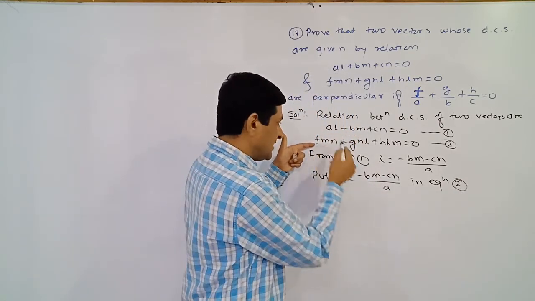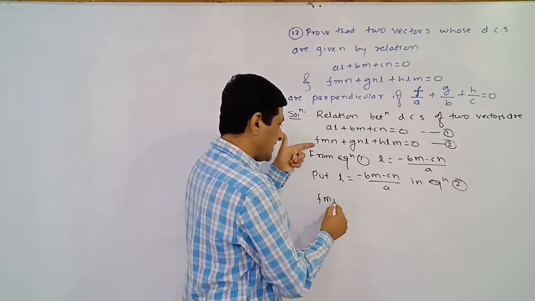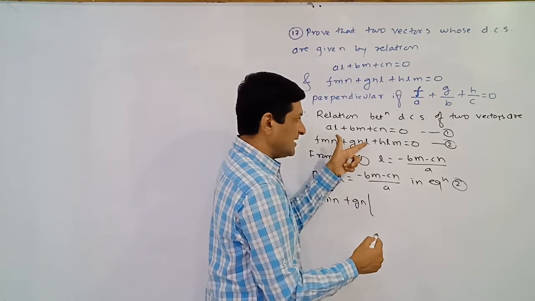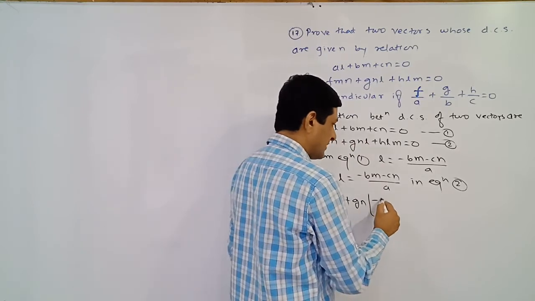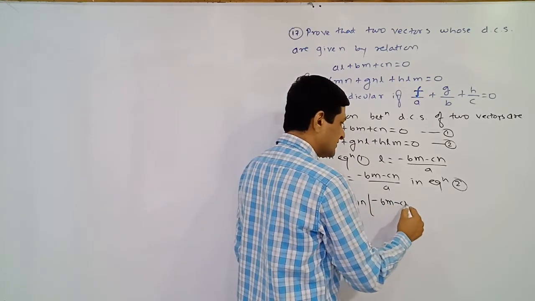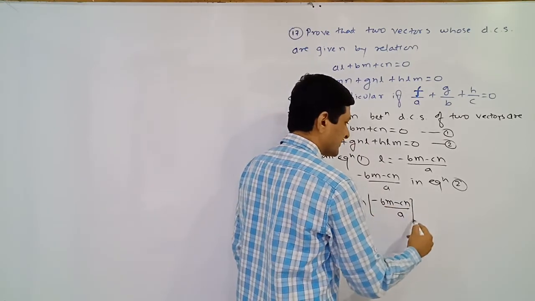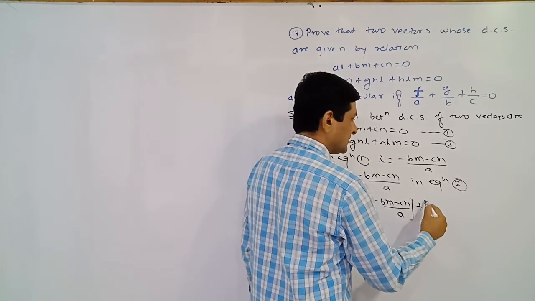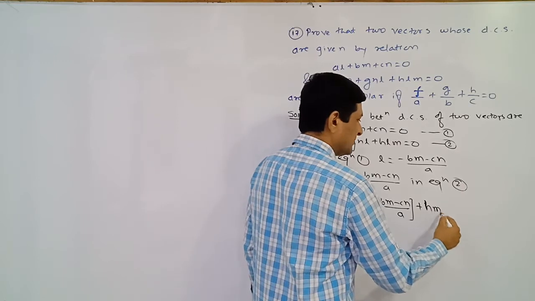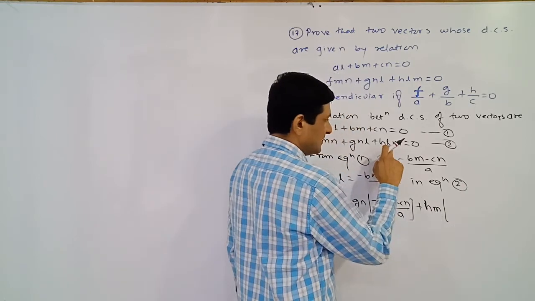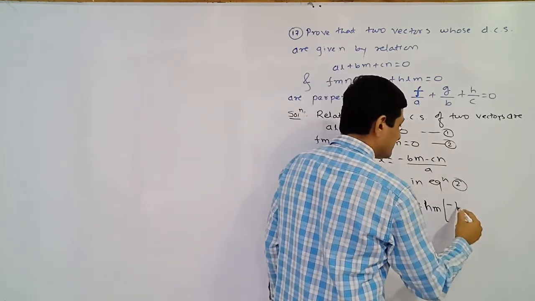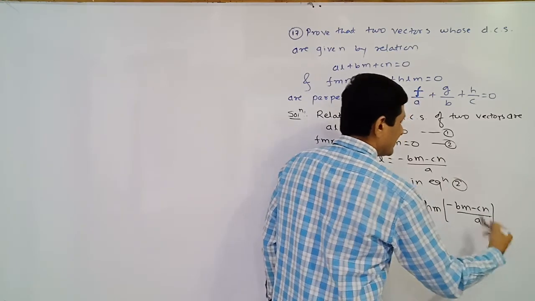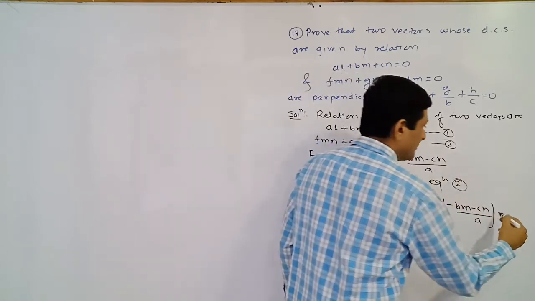In the first term L does not appear, so keep Fmn as it is plus Gn as it is. I am replacing this L by its value. What is its value? Minus Bm minus Cn upon A. Plus here Hm, keep it as it is, and replace this L by its value, minus Bm minus Cn upon A. And on this side 0, keep it as it is.